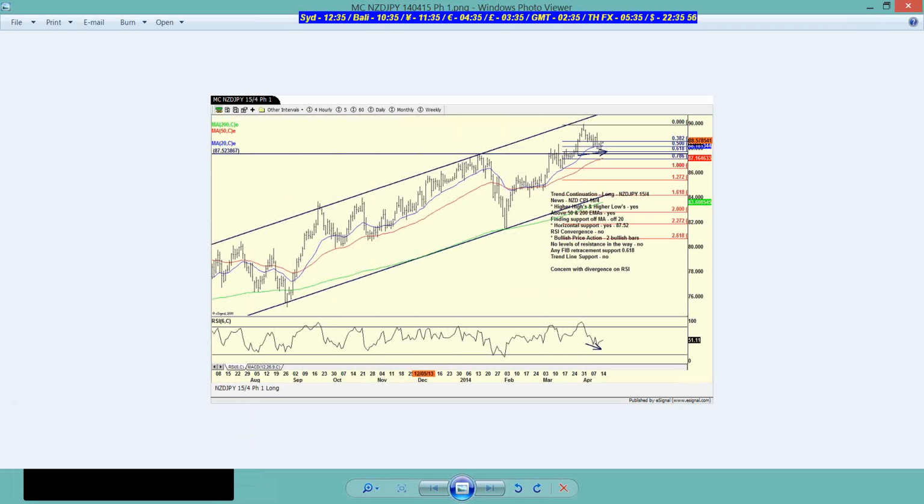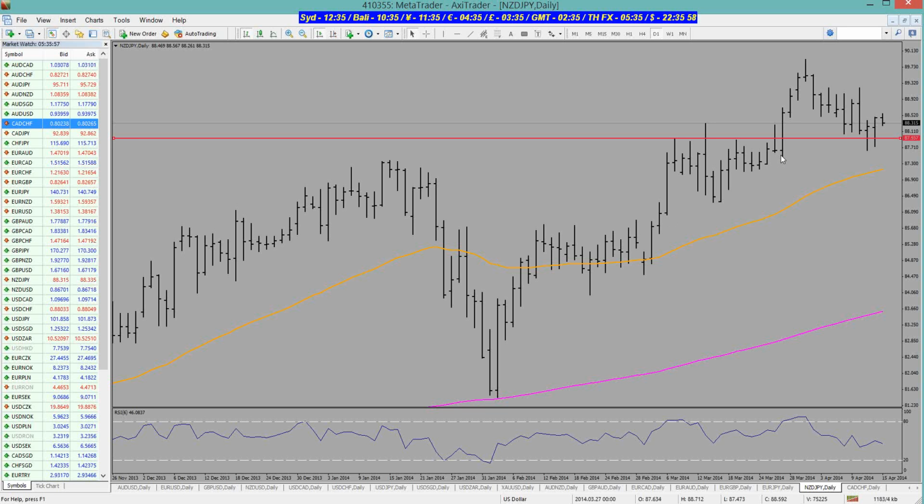Divergence from the 27th. Well, that's a bullish signal, yeah. So from the 27th across here, that's a bullish signal. Yeah, that's bullish hidden divergence. That's a good thing.